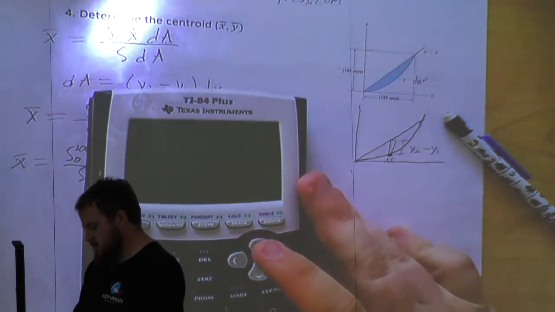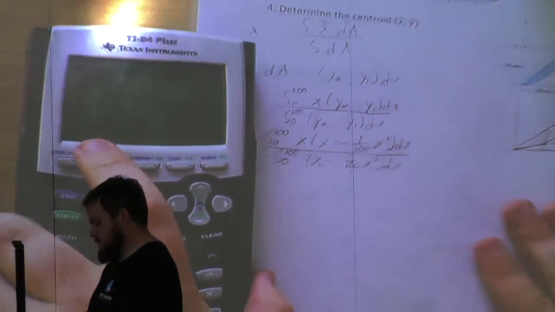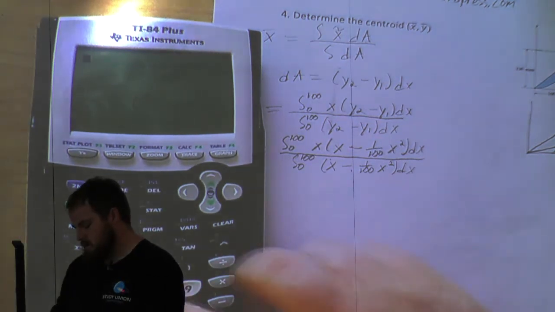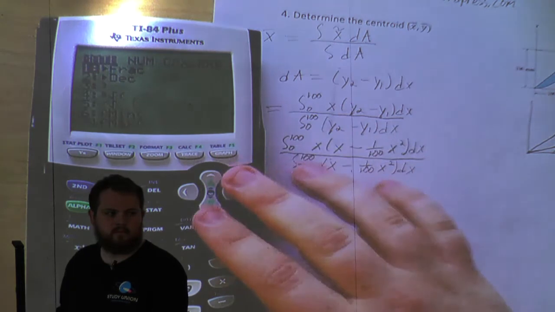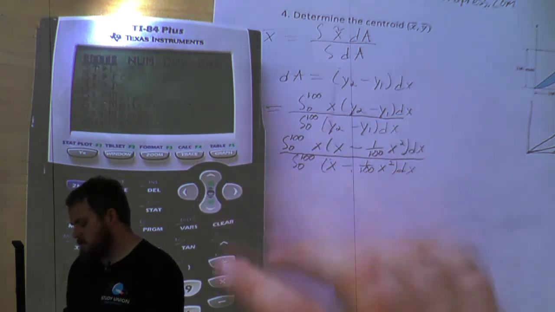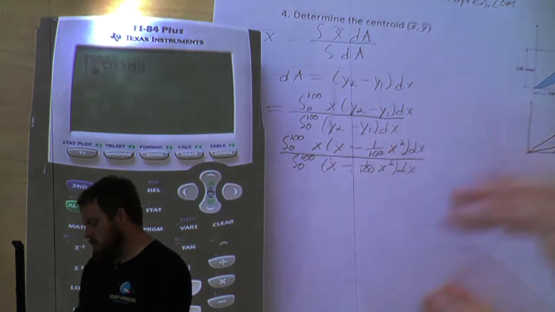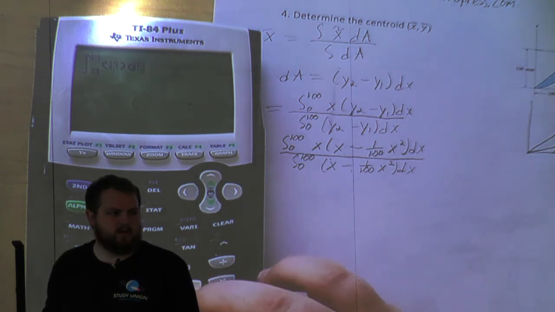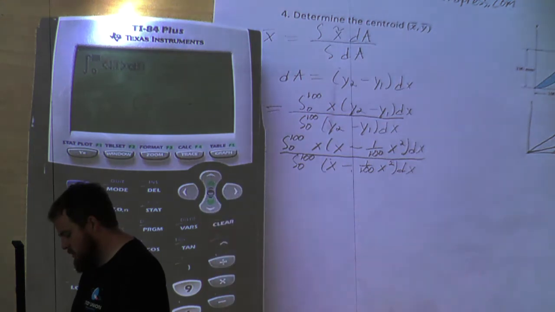But essentially, what you'll do, here, let me pull this to the side, is go to Math, and then go either down to Integral, or just hit Math 9, and then there's an integral. So then you just plug in, so this would be 0 to 100.